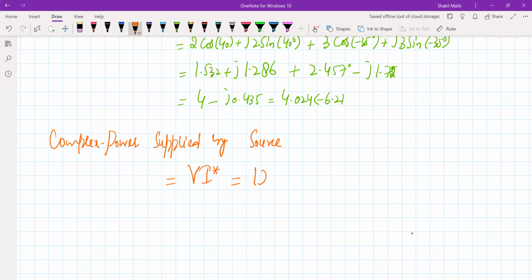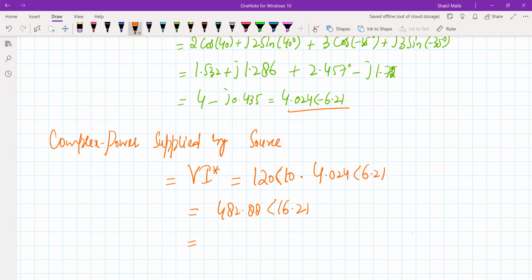V is 120 at an angle of 10 degrees, multiplied by the I phasor, 4.024, which is the total current, at an angle of plus 6.21, because I have to take the conjugate of this. So it will be simply 482.88 at an angle of 16.21, since 10 plus 6.21 is 16.21. Please check the calculations.